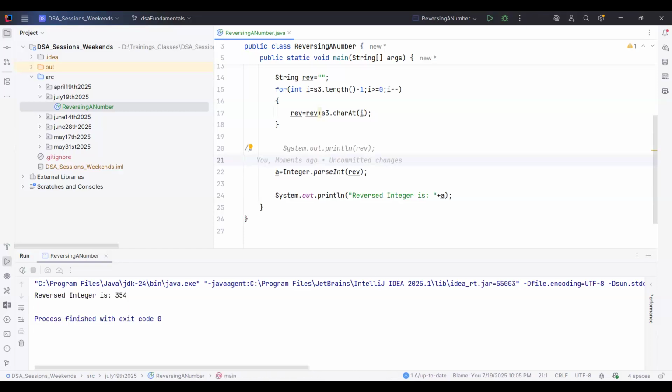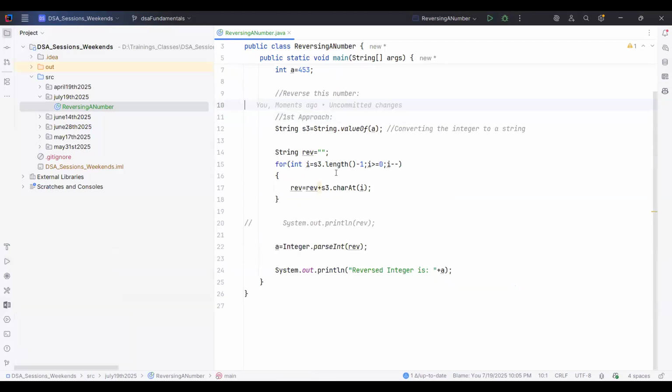Is this clear, everyone, how the reverse is happening here? Why do we need to convert it to a string? Because if you convert to a string, you can use your regular for loop to reverse the values.